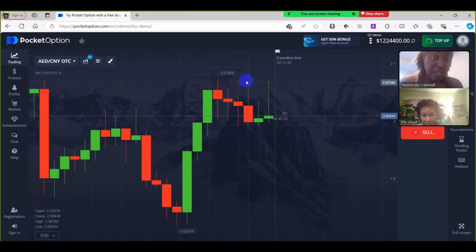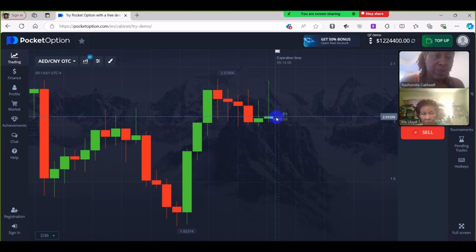This one is kind of far away as well. All these, they don't matter. Why don't they matter? Because look at them. They're kind of far away from where the current candle is. You see what I'm saying?